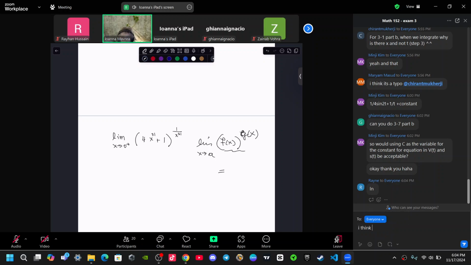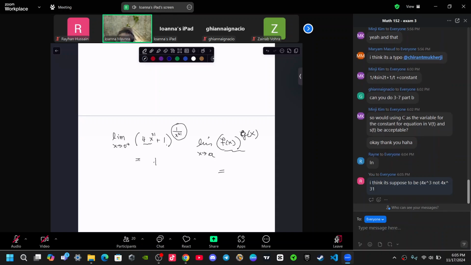So you kind of plug in. So you get 0 plus 1, that's 1, right? 1 to the power of 1/0, which is what? Infinity. So you say, oh, that's indeterminate form. Why?